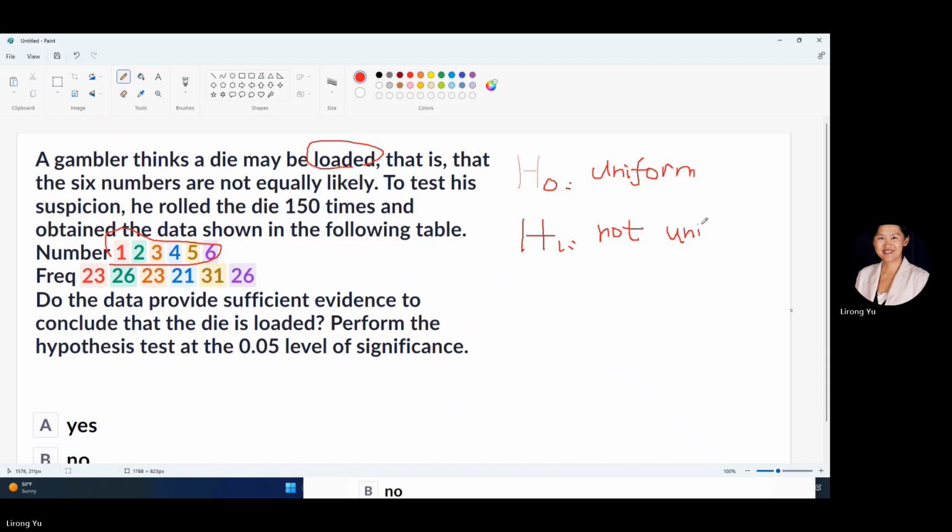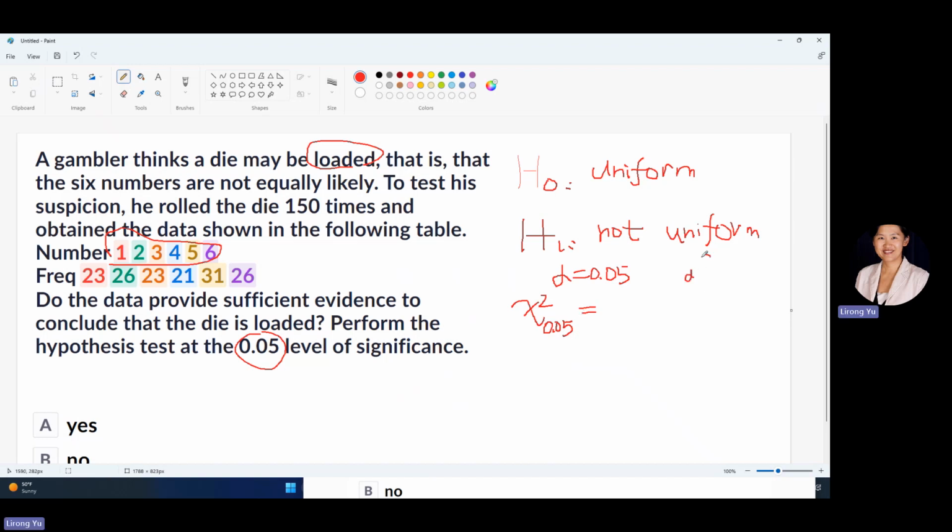So it's a goodness of fit test. We determine that we want alpha to be 5%. We're doing a chi-square test for goodness of fit. The chi-square for 0.05. Were you able to find the chi-square?